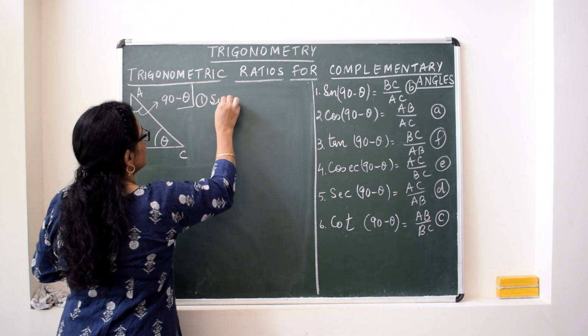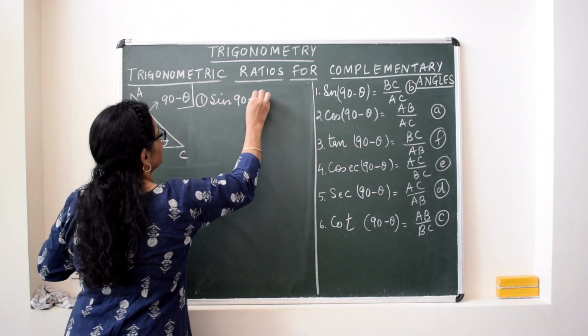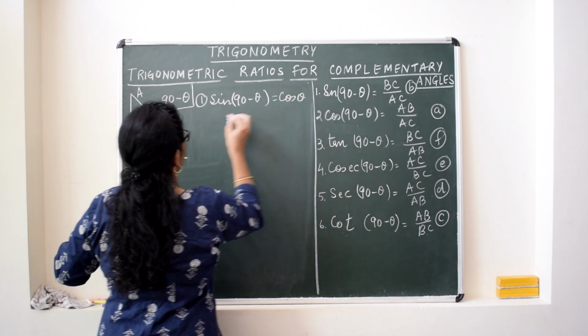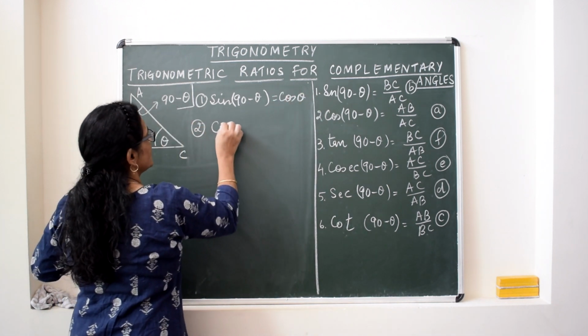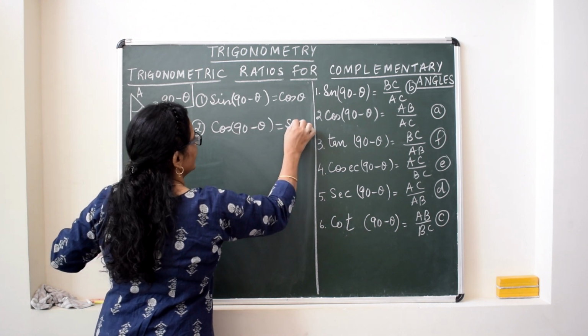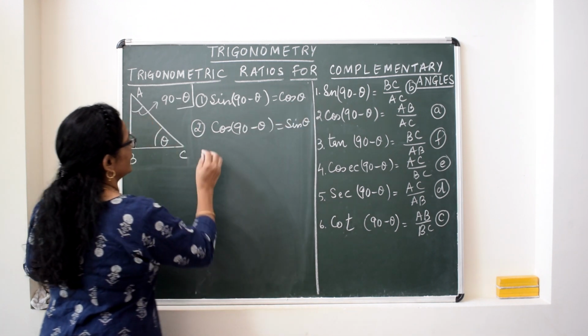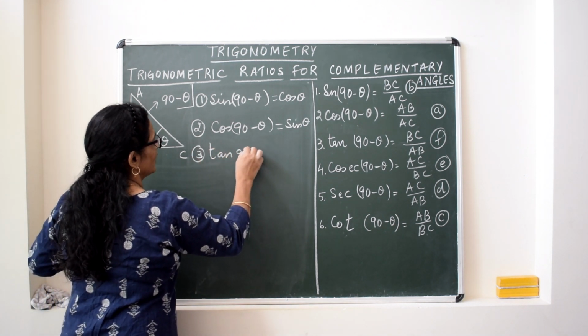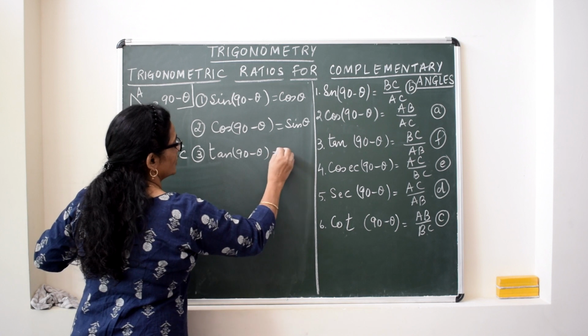The first one is sin 90 minus theta. Sin 90 minus theta is cos theta. Then cos 90 minus theta is sin theta. Then third is tan. Tan 90 minus theta is cot theta.